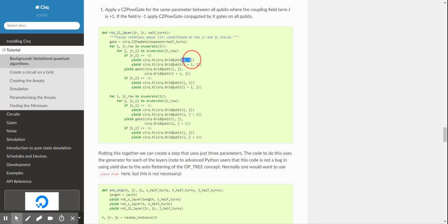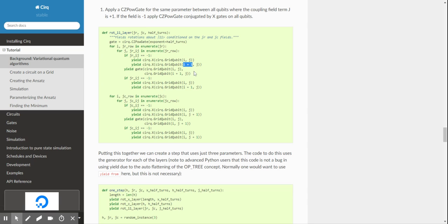Remember, we're referring to qubits as part of the grid, and that's why. Okay, that's why it comes in handy. Interesting. That's why the representation here comes in handy for the grid qubits, because basically it's the lattice that we have. So as we are dealing with the row fields, the J row, the JRIJ basically is between qubit ij and the next qubit in the row.